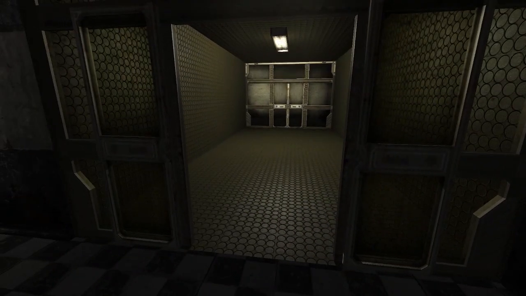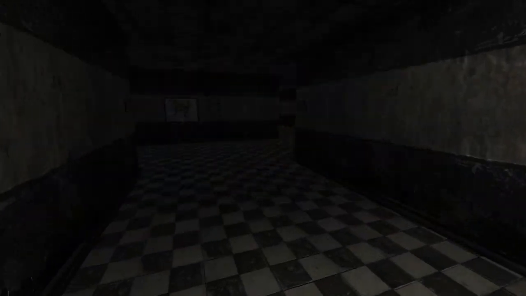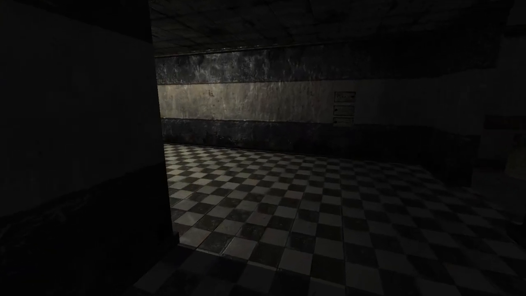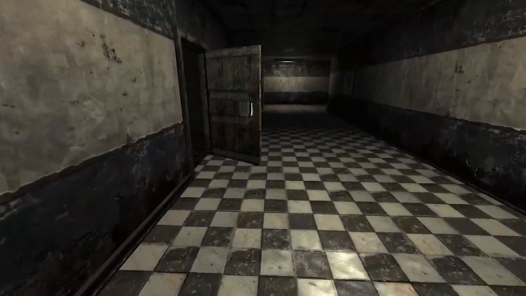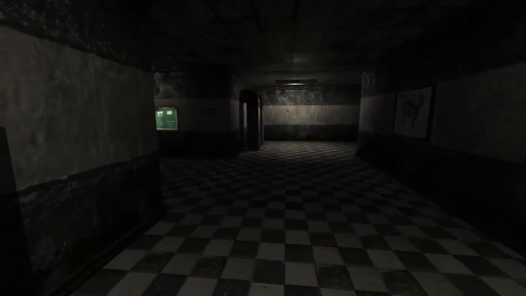This is the machine room, which we have a gas mask for now. The armory.